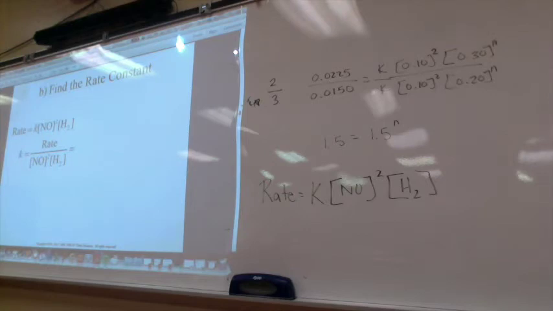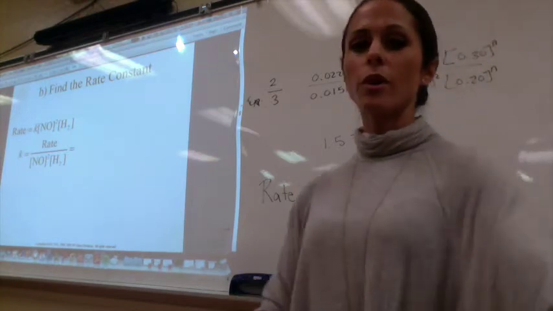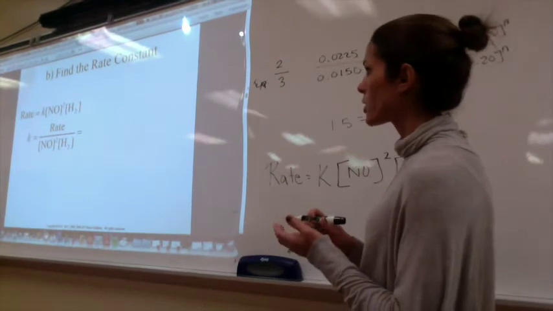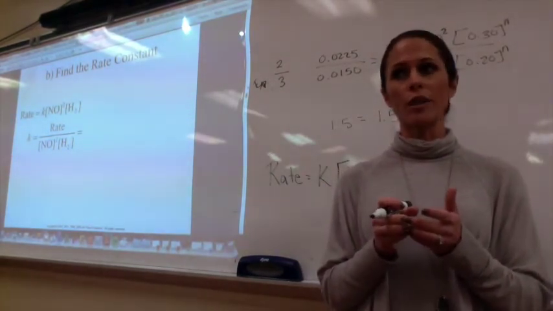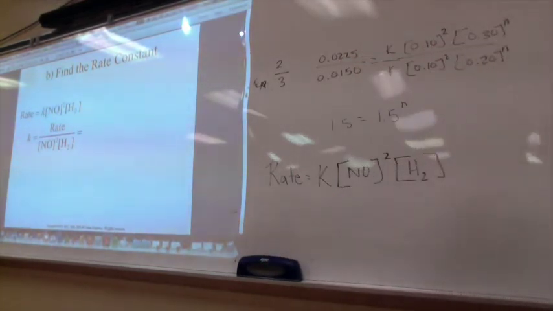See how it says K equals now. So you're just rearranging the algebra there. And you can pick any one of your experiments to solve. So you could pick experiment 1, 2, or 3, and you should get the same K value for all of them because it's consistent. So you're going to pick an experiment and plug it in.